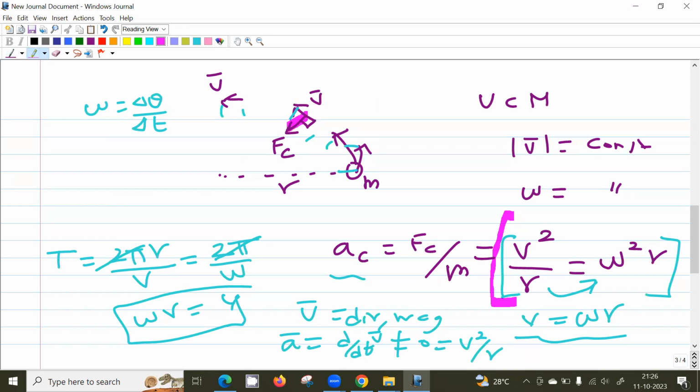So there is a force towards the center which tilts the arrow. If there were tangential acceleration, then the length of the vector would change. Here only the direction is changing, so some force is pulling it towards the center. That acceleration corresponding to the force, which is force by mass, is v square by r. So take this as a formula for the time being.